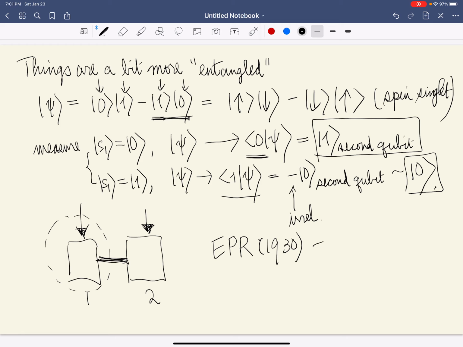And in their paper, they never claimed that this is a paradox, but everybody since their paper decided that this was really strange, and gave it a name, EPR paradox.